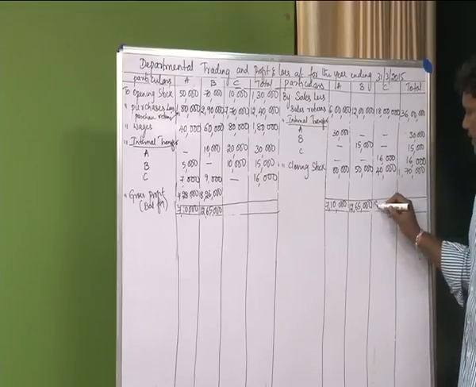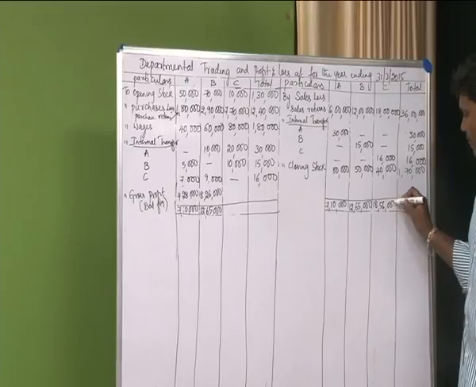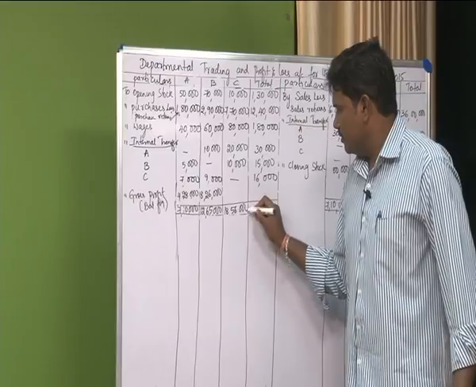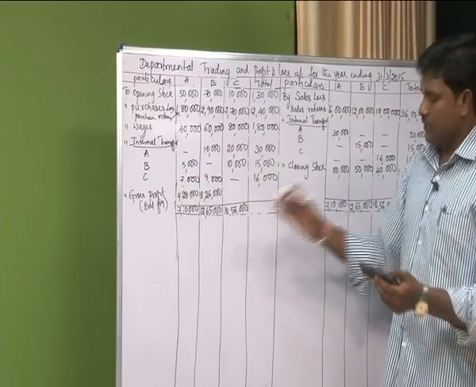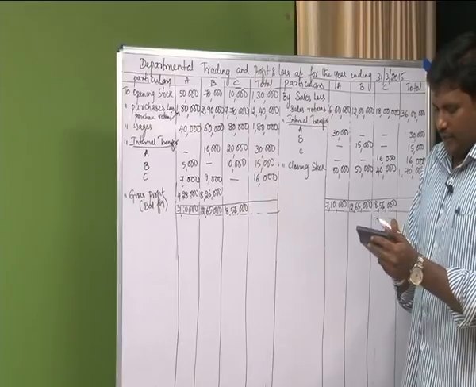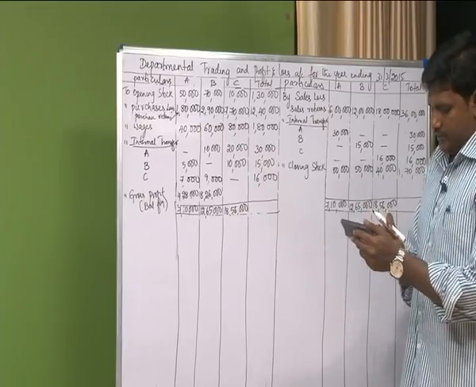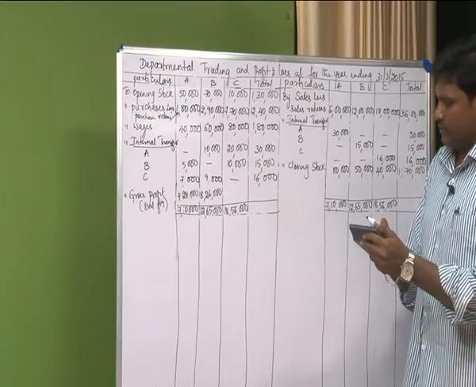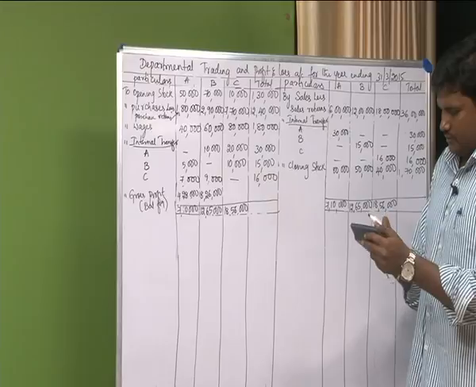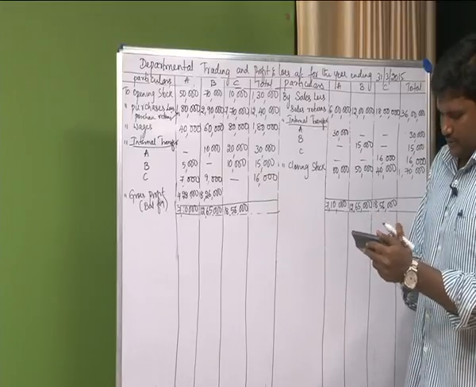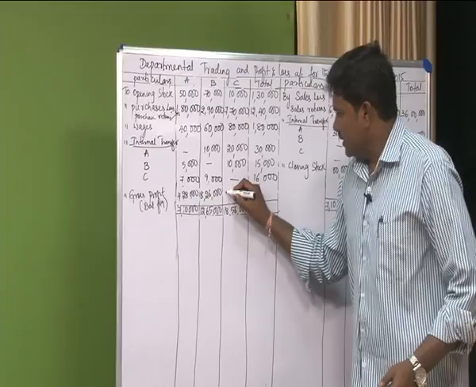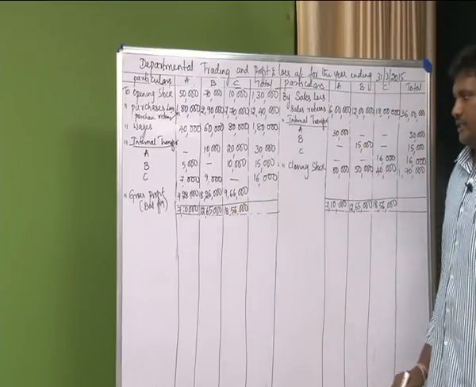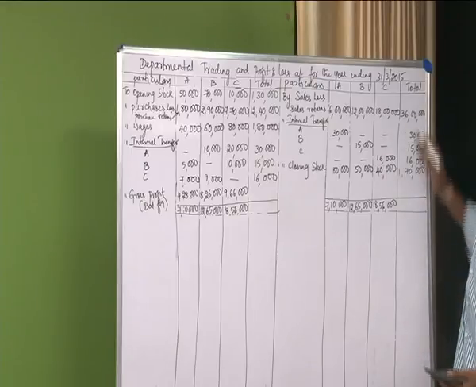So it will be 18 lakh 56,000. 18 lakh 56,000 minus all other expenses. 18 lakh 56,000 minus 10,000, 7 lakh 70,000, 80,000, 20 and 10. So 9 lakh 66,000. 9 lakh 66,000.